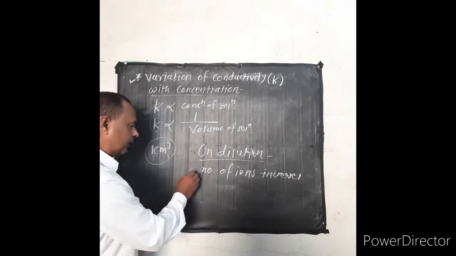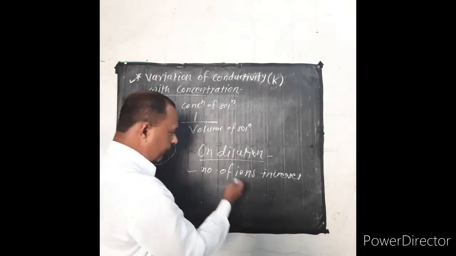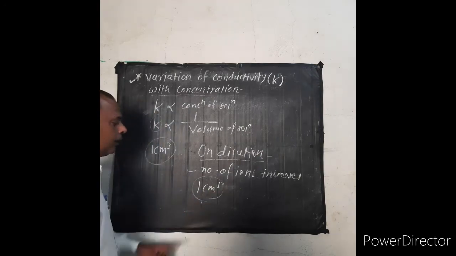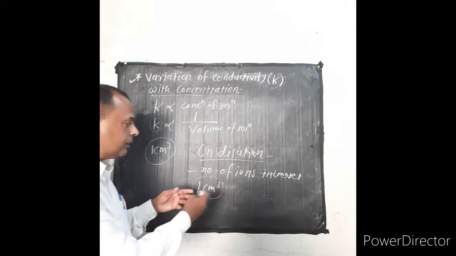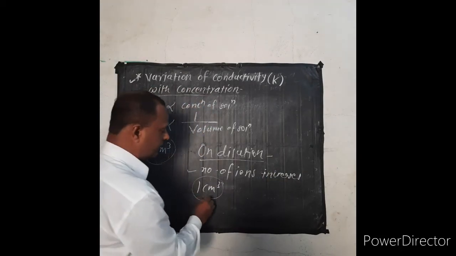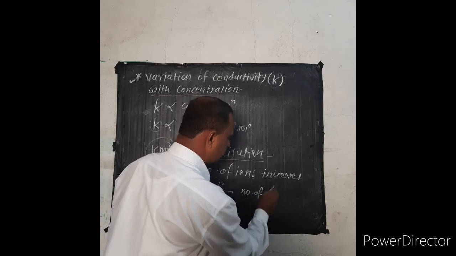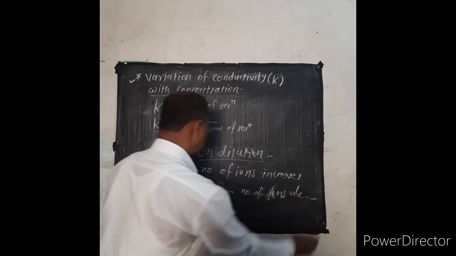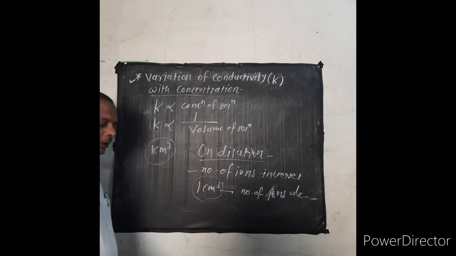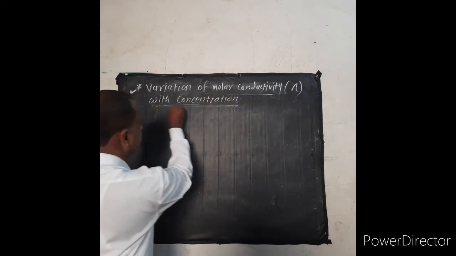But the total number of ions in 1 centimeter cube of solution does not increase in that proportion. So in 1 centimeter cube of solution, the number of ions actually decreases. Therefore, the conductivity K decreases. We'll now study the variation of molar conductivity with concentration.